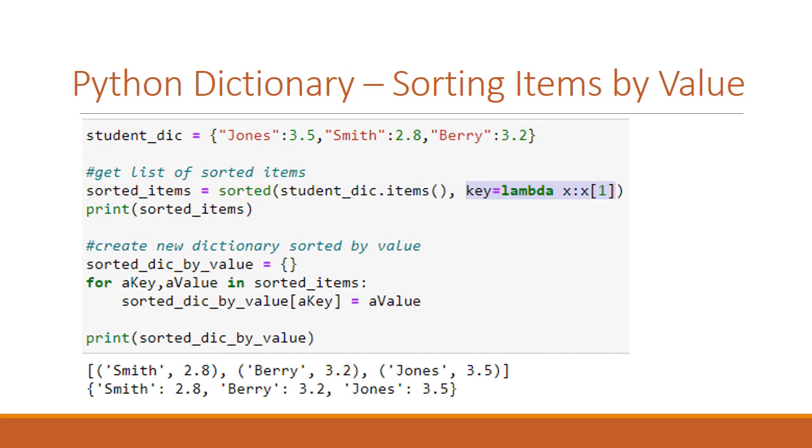Then we print out our sorted dictionary, and in the second line of our output, you can see that our dictionary has the entries Smith 2.8, Barry 3.2, Jones 3.5. Therefore, our dictionary is sorted by value in ascending order.